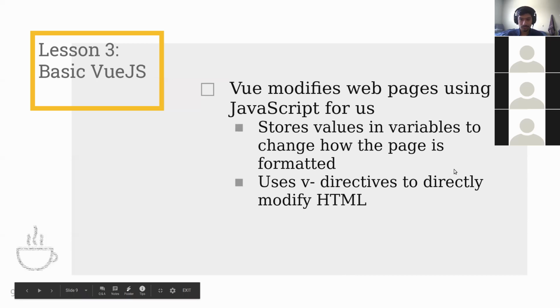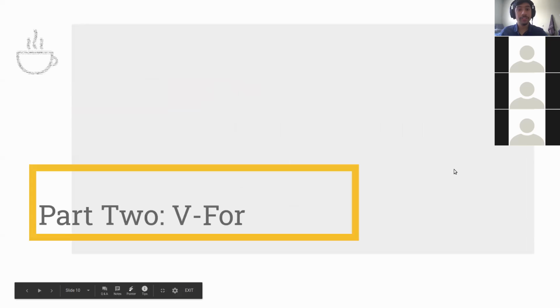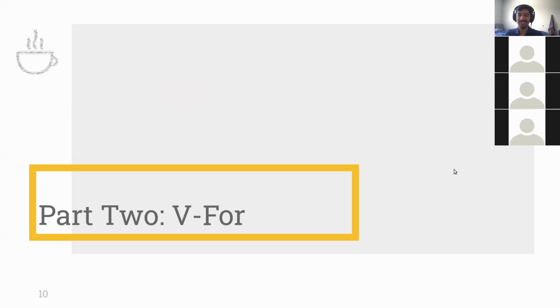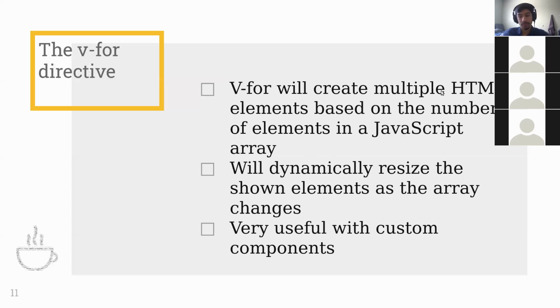Cool. So with that out of the way, it's time to jump into the second topic for today, the final V directive. Like I mentioned, there are 5 main V directives. We only covered 4 of them last week. We'll talk about the 5th one right here. So it is v-for.